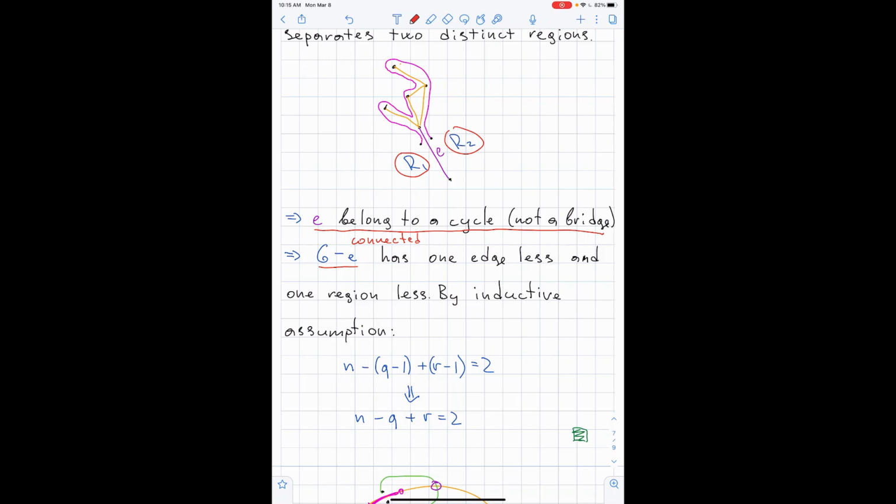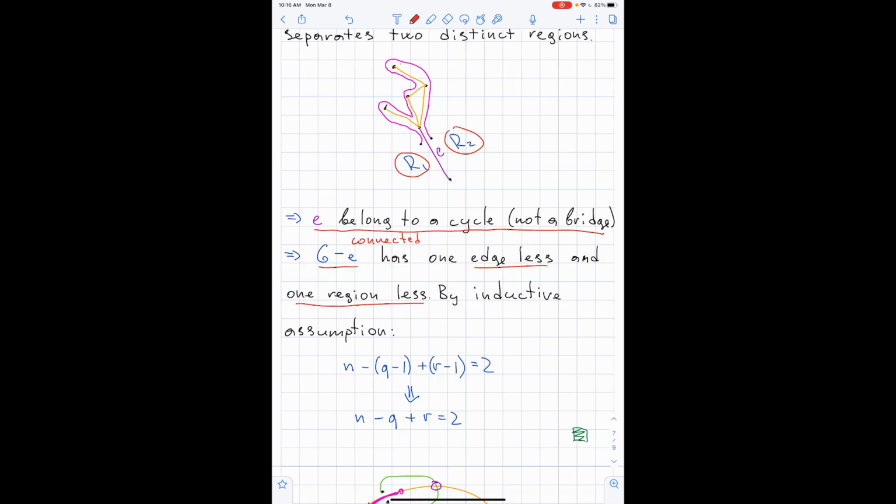We just erase this edge, and we get a planar representation of G without E. And this planar representation will have one edge less and one region less than G, right? Because after we erase E, now R1 and R2 become just one region, so they are not separated anymore.